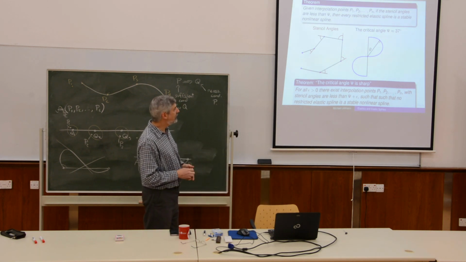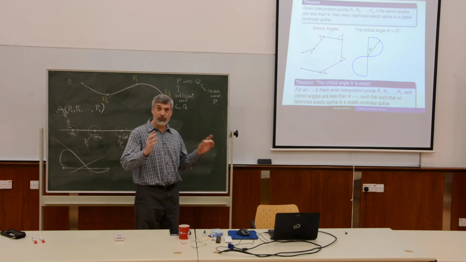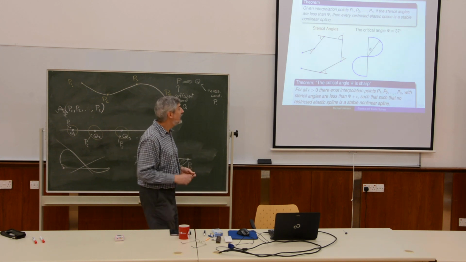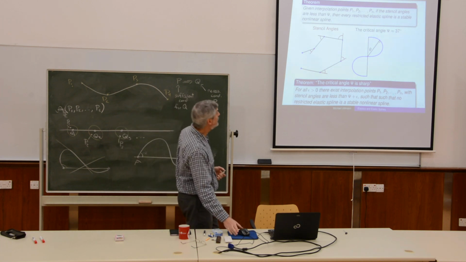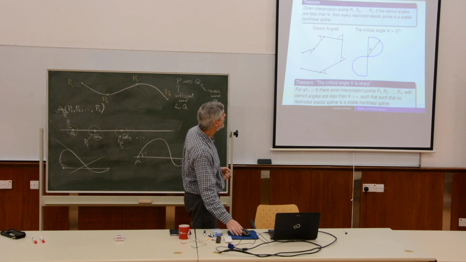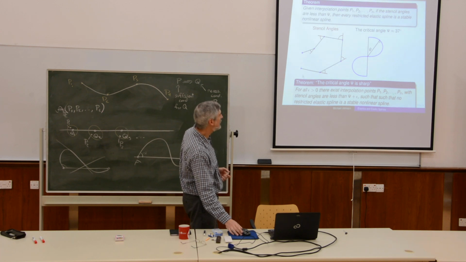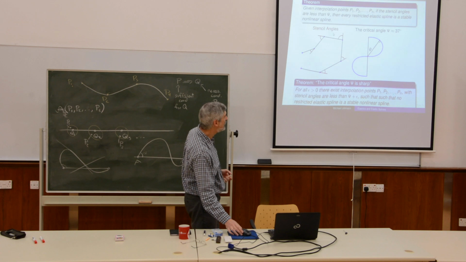Here's the big theorem that was finally accepted for publication last month. You're given some points, P1 to Pn. We have to define stencil angles. So here are the points, P1, P2, P3, P4, P5, P6. These little red angles are called stencil angles. And then there's a critical angle psi, which is 37 degrees. It comes up like this.